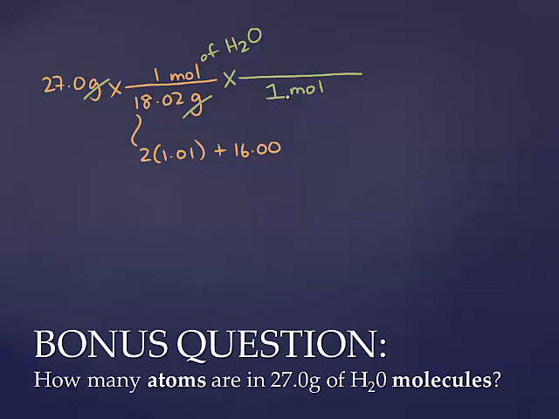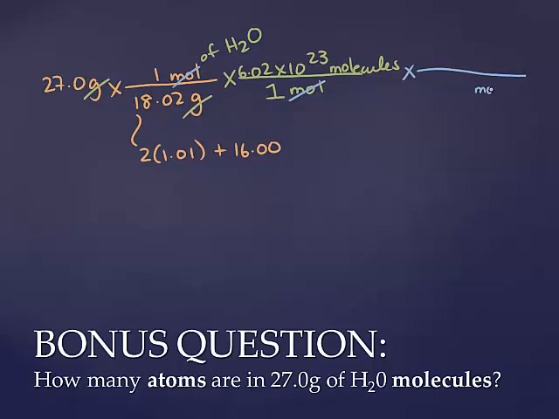Now, this was the important part from my last statement: we have molecules of water, which means I have to go to molecules, even though the question's asking me for atoms. I know that there are 6.02 times 10 to the 23 objects, molecules, or anything else in a mole. I've got moles canceled off here, and the last thing I have to do is get rid of the molecule.